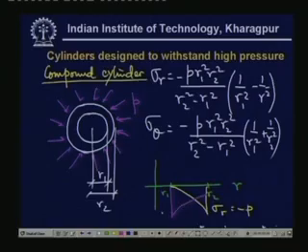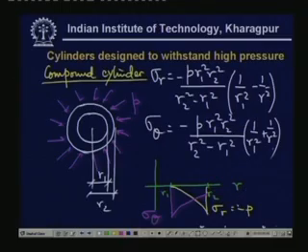So, therefore, sigma theta takes a maximum value at R1, and that is equal to these equations will be here. So, this is 1 upon R1 square plus 1 upon R square.